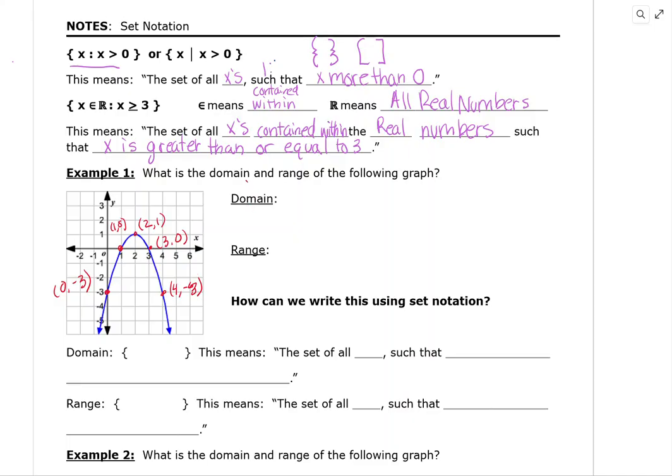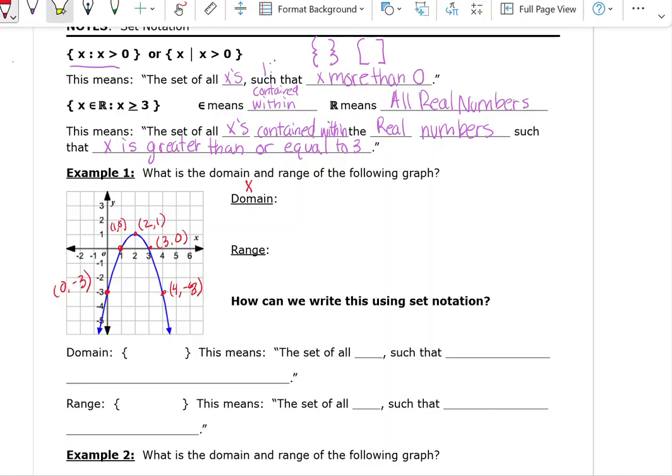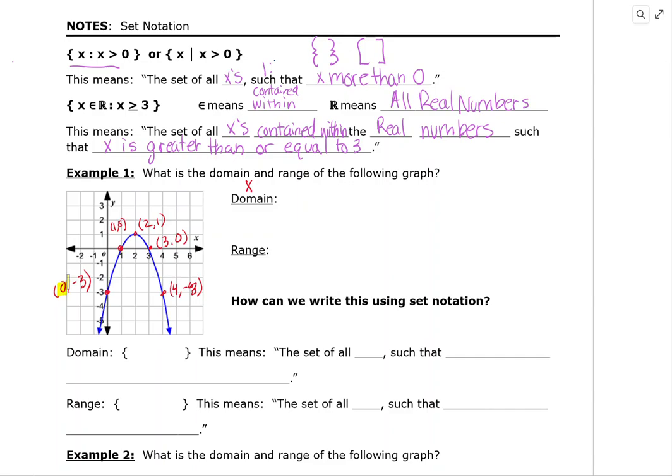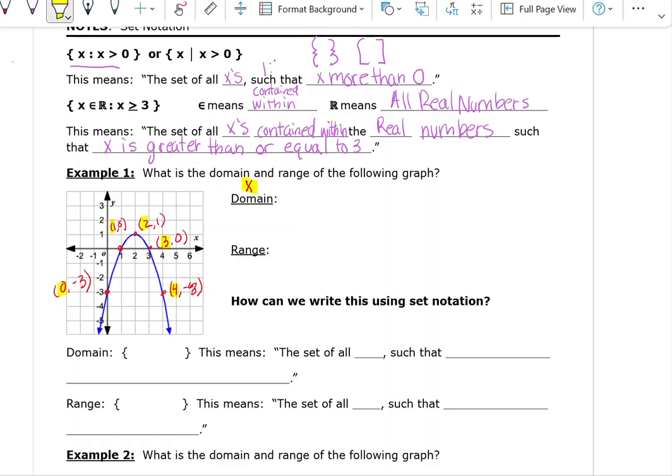Remember, our domains are our x values. When we are looking at our x values, it's the first part. We have 0, 1, 2, 3, and 4. So our x's are our domain. This function is going infinitely in this direction, and it's also going infinitely over here. So our x's continue to go out and out.